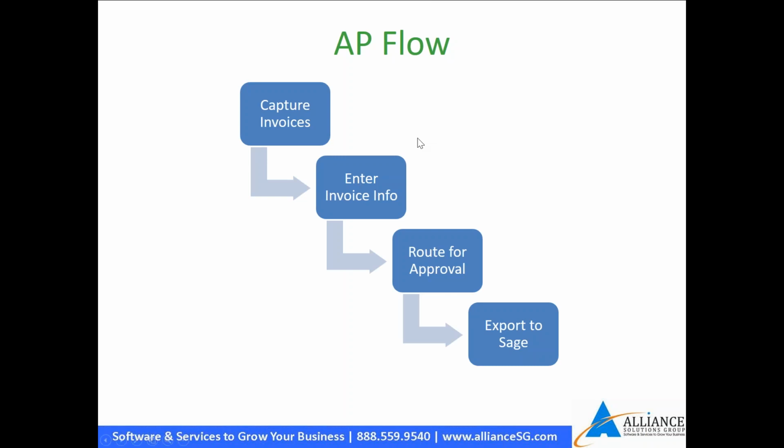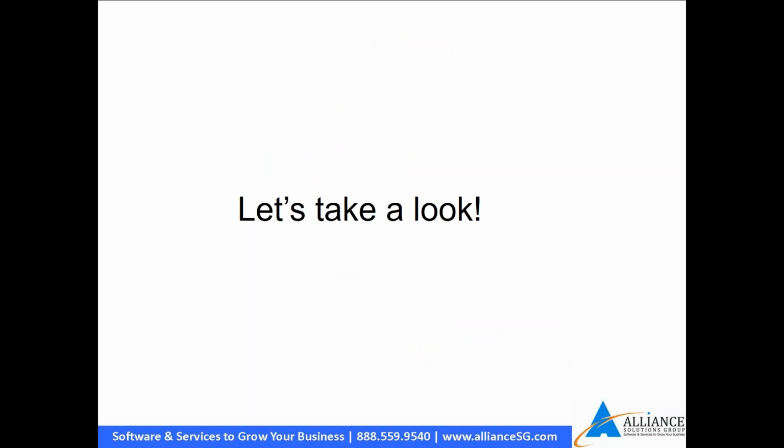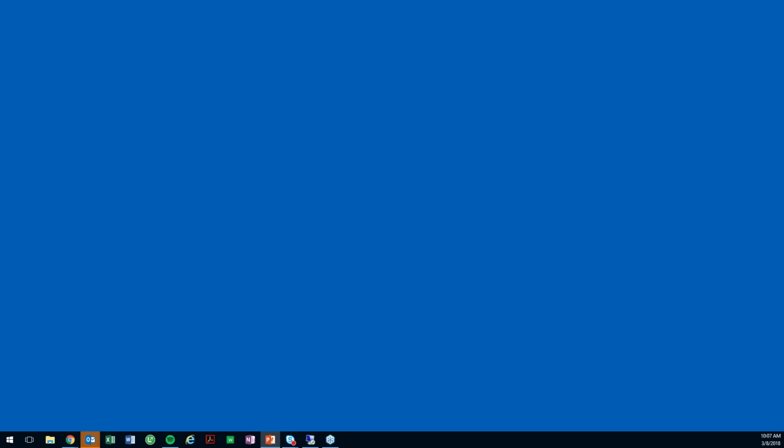We're going to be showing this process in the on-premise software, but then also show entering invoice info, where we're going to show our eCapture and capturing a receiving ticket with that app. And then within our route for approval, we can show how we can approve that same invoice either in the on-premise version or in the Paperless e-portal. So with that, let's hop into the software.